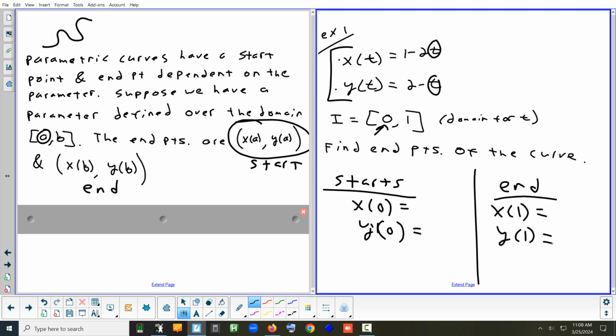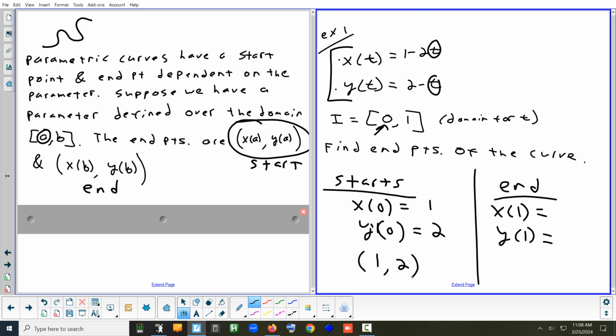and for y. Okay. What's the x value of my start point? Just 1. What's the y value for my start point? 2. So this graph is going to start at the point 1, 2.